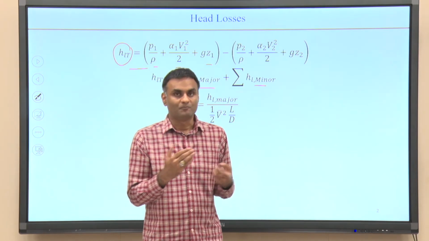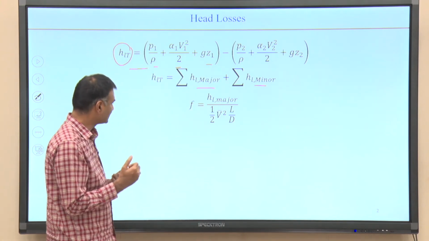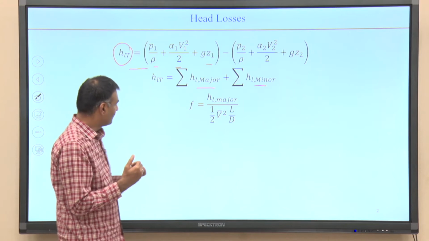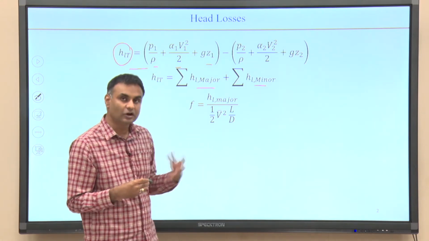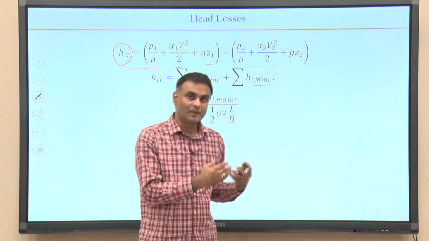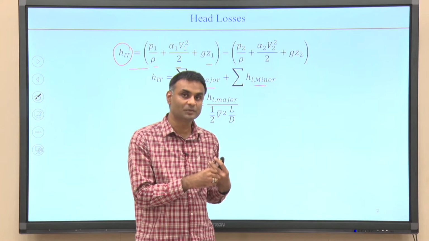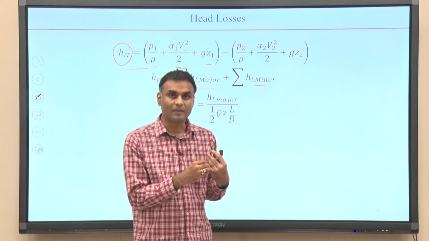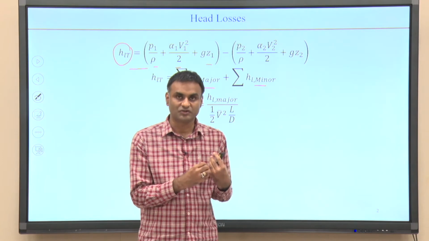Now, we defined a factor using dimensional analysis. We found out how we can relate pressure drop with other parameters: the geometrical parameters defining the pipe geometry, the flow parameters, and the fluid properties, density and viscosity.